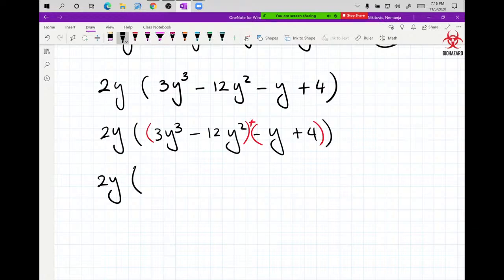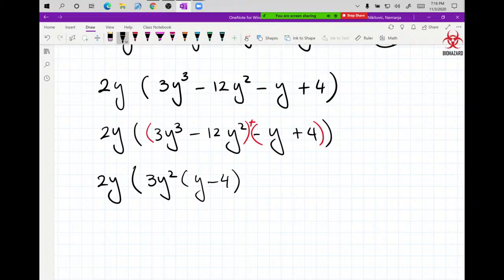So from the first I can kick out 3y squared. I hope you all see the 3y squared because 12 has a 3 as a factor. So what we have is kick out 3y squared and we're left with y minus 4.